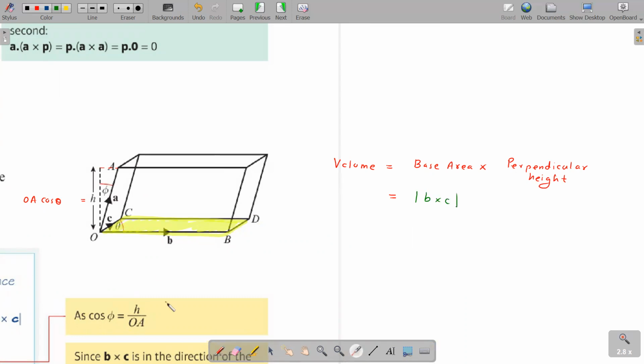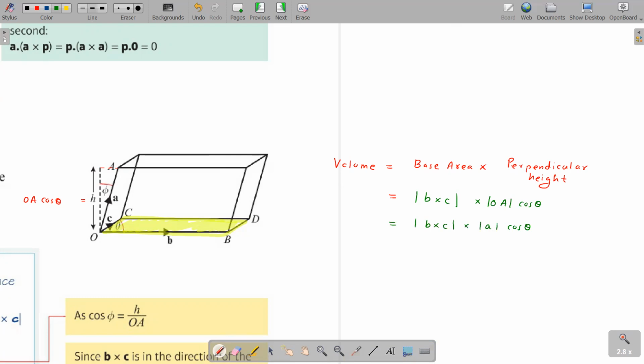And the perpendicular height is OA cos theta. OA means basically modulus OA cos theta, right? It will be A cos theta because modulus OA is the modulus of the vector A. Yes. It is okay. So this is the way we start this.